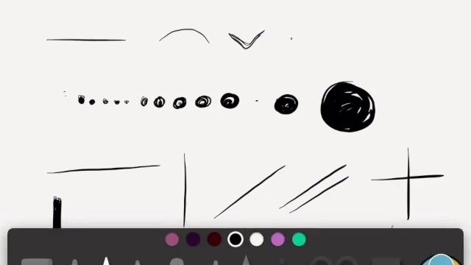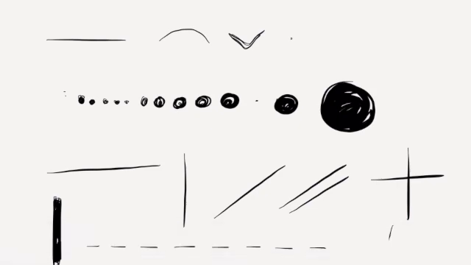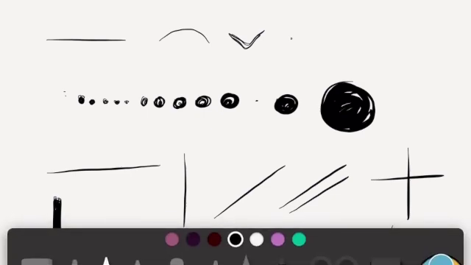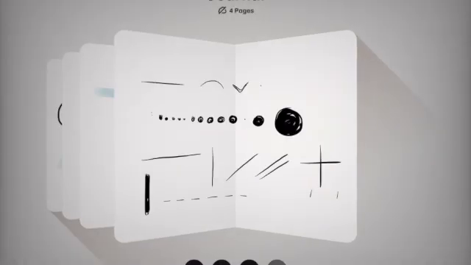Now we also have, let me get another piece of paper here. We have the curve. The curve is probably the most versatile. Well, the curve and the angle. We'll do two sides here. So the curve could be a rainbow curve.